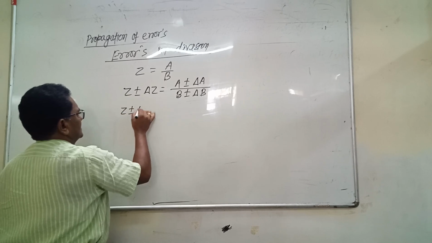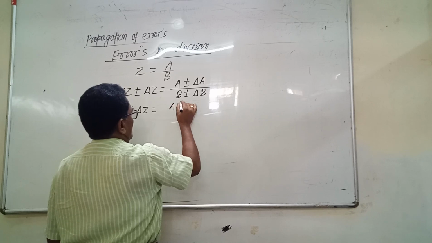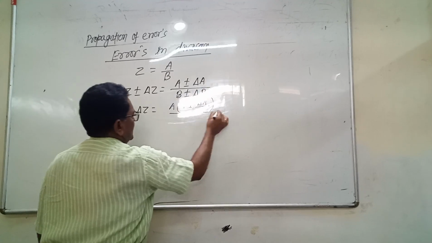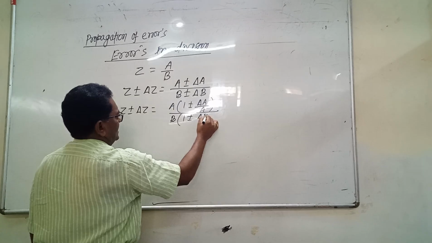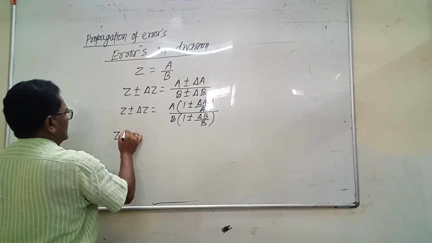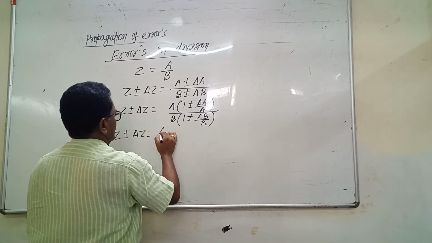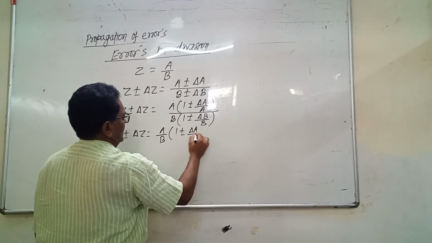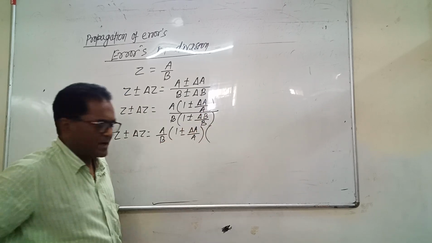So Z plus minus delta Z equals, from the numerator we will take A as common, so we get 1 plus minus delta A by A, and from the denominator we can take B as common, so 1 plus minus delta B by B. So Z plus minus delta Z equals A by B times 1 plus minus delta A by A, and this term will go to the numerator place.